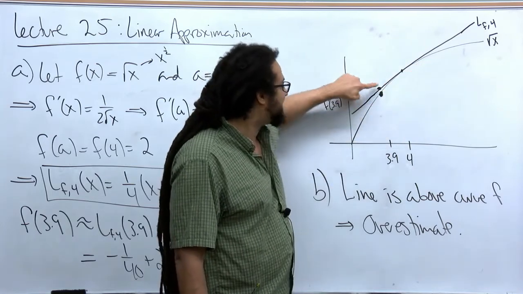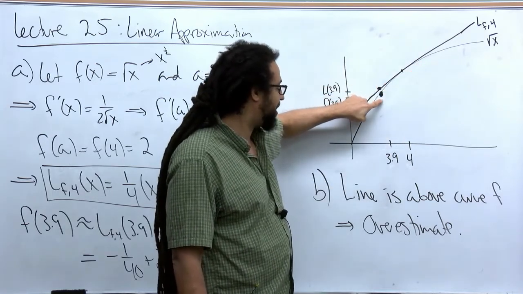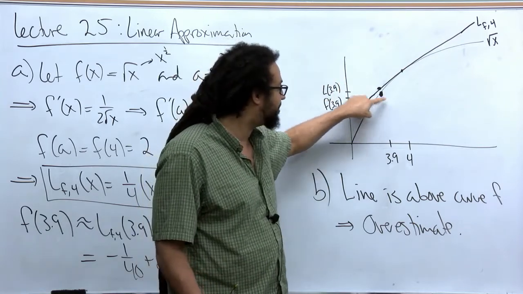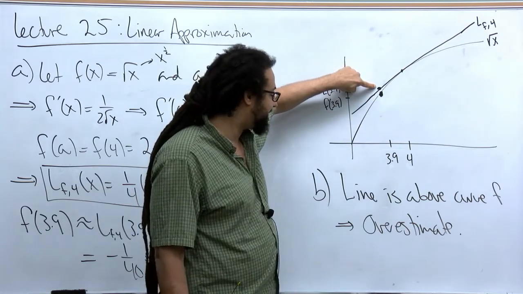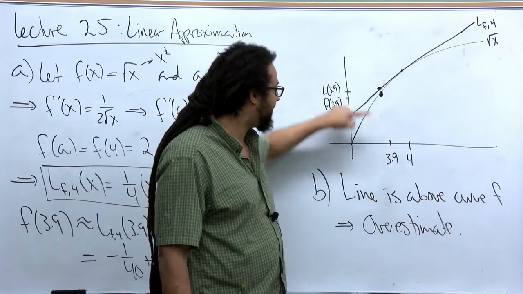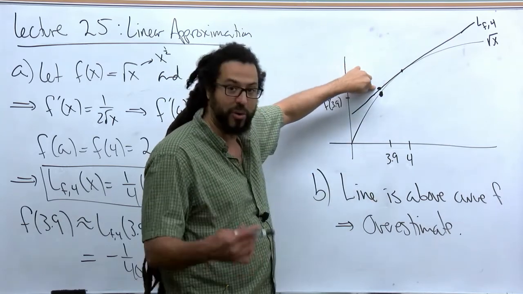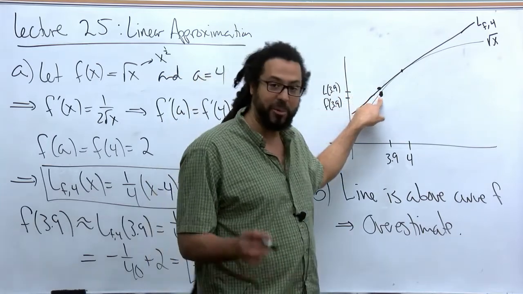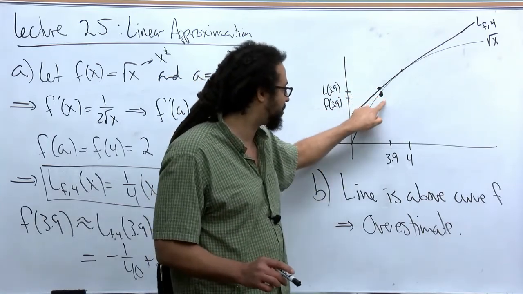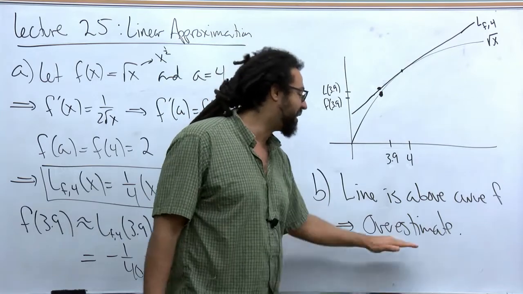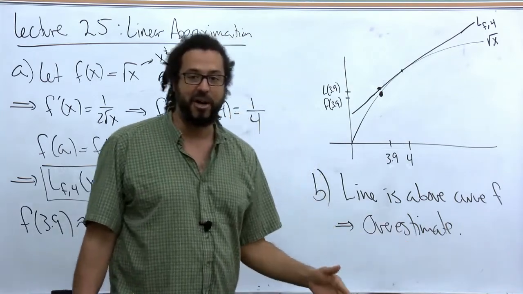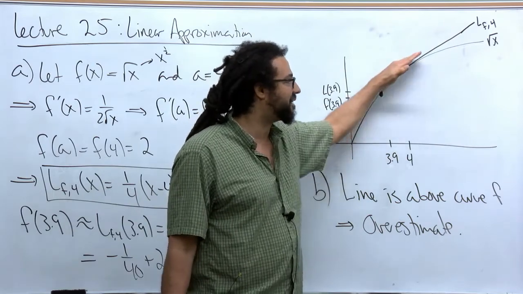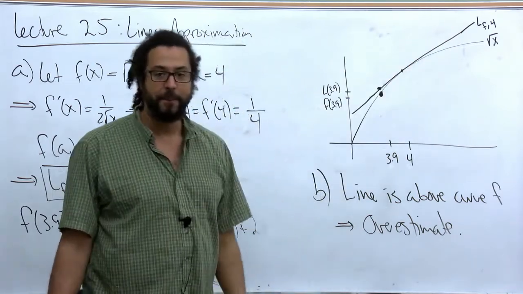So that means the tangent line is bigger than the curve, and since we use the tangent line to approximate the curve, we will say that in this case, we have an overestimate, because the line is what we use for the approximation, and that's greater than what we get when we plug that 3.9 into the square root function. So usually you can answer the overestimate, underestimate question just by drawing a quick sketch of the curve together with the tangent line.